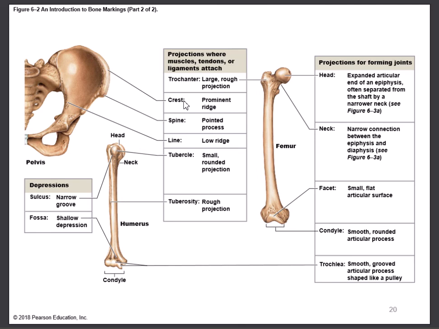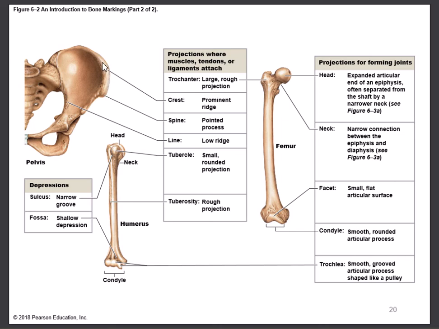A crest and a line. Let's do those together. They're both kind of the same thing to me. Those are a ridge of bone, except that a crest is more prominent, where a line is a thinner, lower ridge. So a crest is a prominent ridge. If you went to the top of your hip bone, there's a big thick crest right over here.